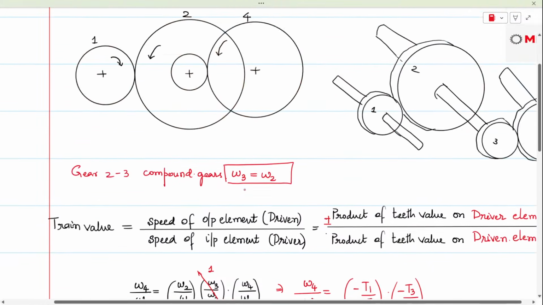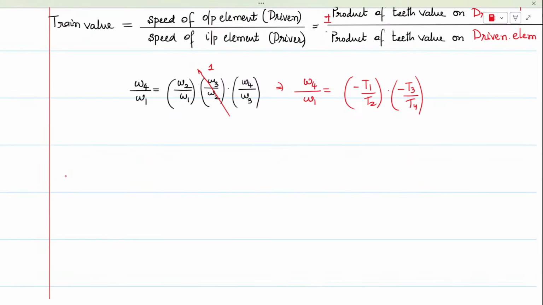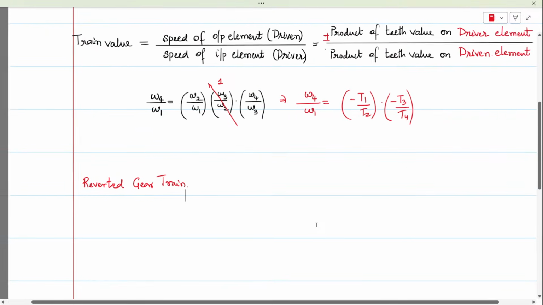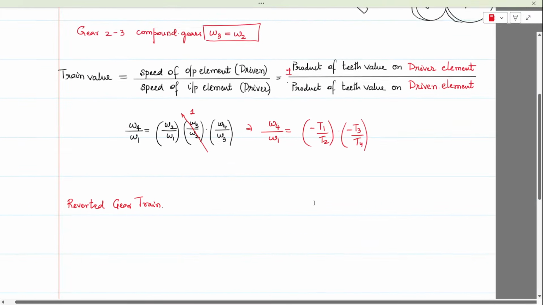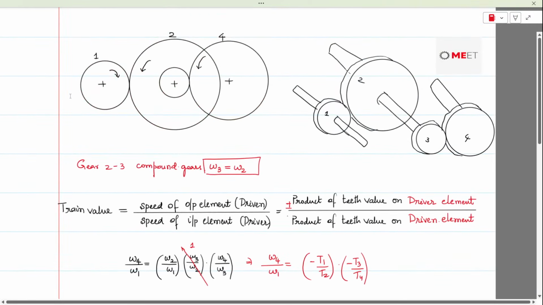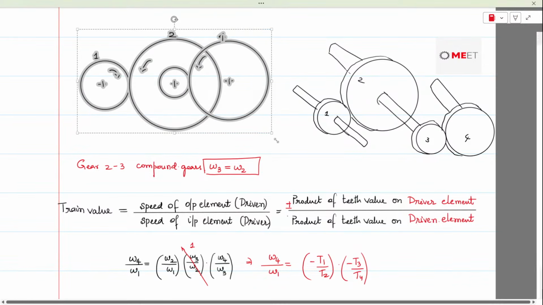Let me take up the reverted gear train as well. In the reverted gear train, there is one beautiful thing. I mean, if you try to understand how quickly we can save our efforts in the learning.